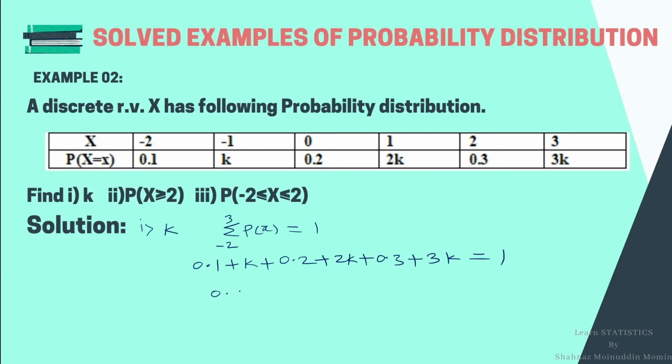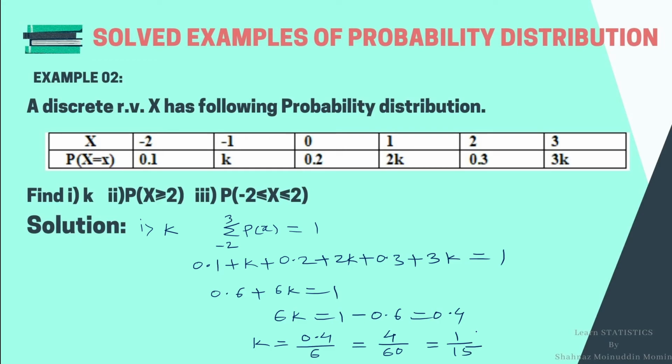By adding constants, it is 0.6 plus 6k is equal to 1. So 6k equal to 1 minus 0.6 and that is 0.4. Therefore k equal to 0.4 divided by 6. So it is 4 by 60 and it comes out to be 1 upon 15. The value of k is 1 by 15.